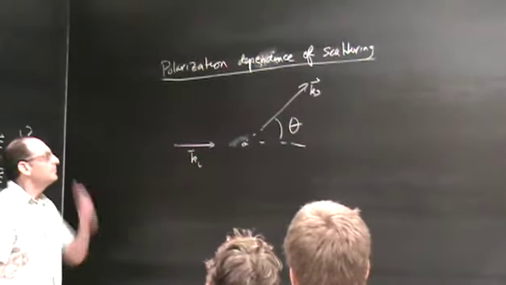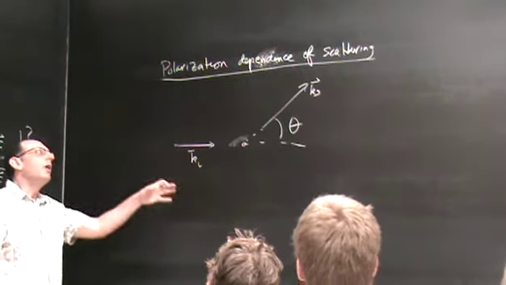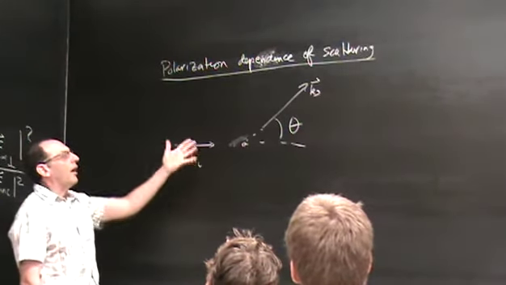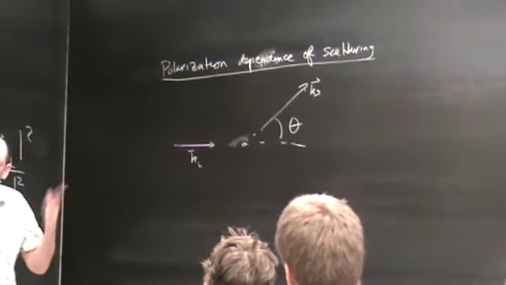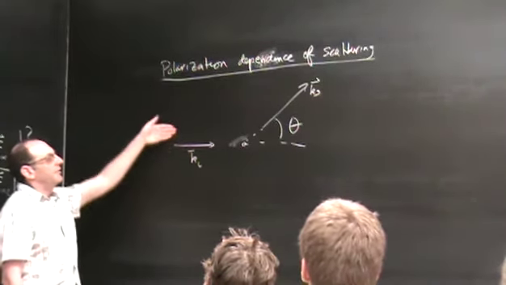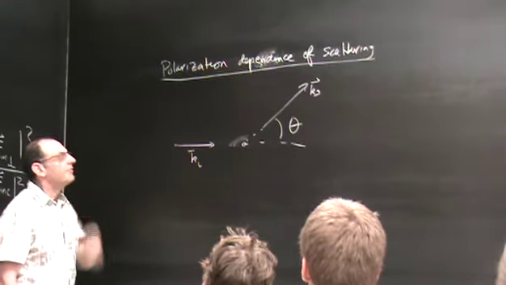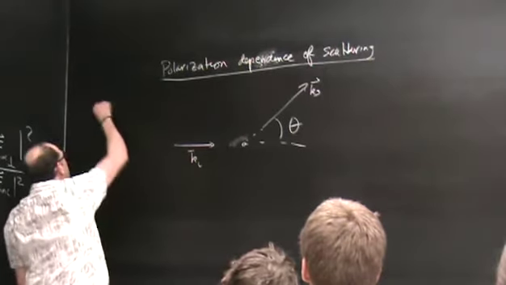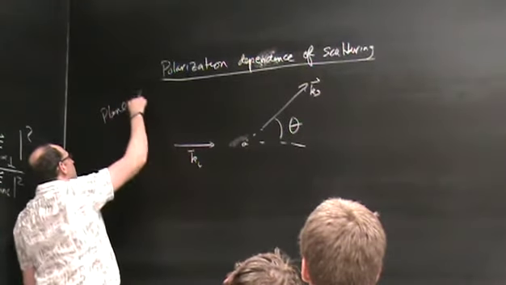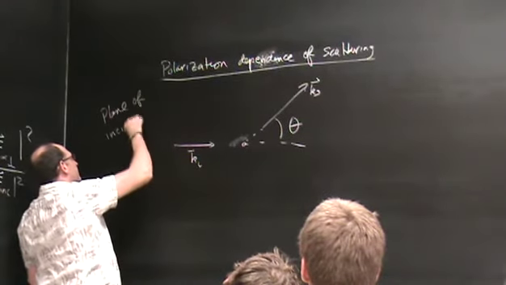Okay, so now, as you know, there are two natural polarization states that we can consider for this incident wave. The two wave vectors define what's called the plane of incidence.